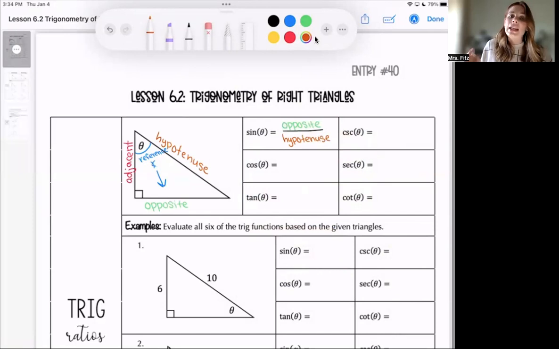Okay, now cosecant is just the reciprocal of sine. So we're going to take that ratio and flip it. So instead it's going to be hypotenuse over opposite.